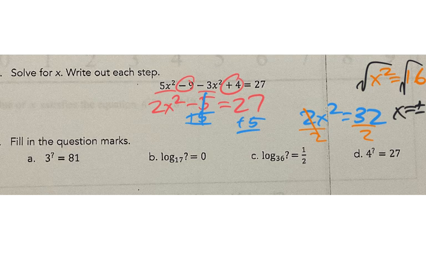If I look at 2, 2 says fill in the question marks. 3 raised to the question mark is 81. What's the question mark? 4. Okay. 3 to the 4th is 81. Next, B. 0. 1.